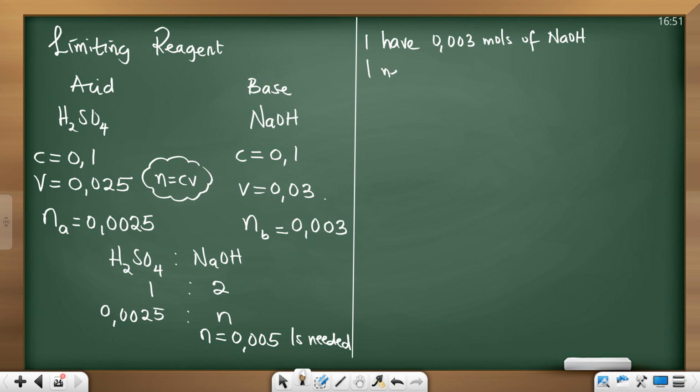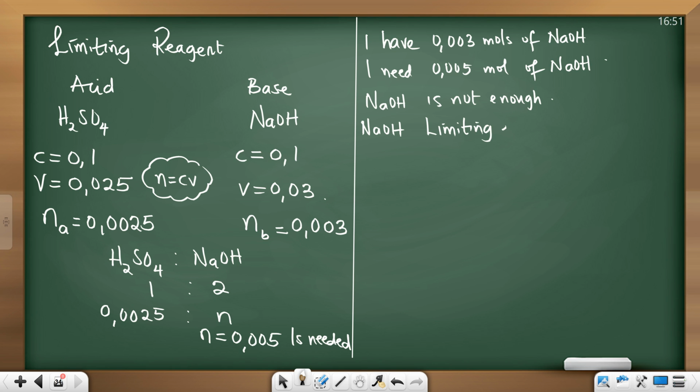But I need 0.005 moles. What does that tell you? NaOH is not enough. Which makes it what? The limiting reagent. Can you tell me which one is excess? The acid is excess. It means my final solution is acidic.